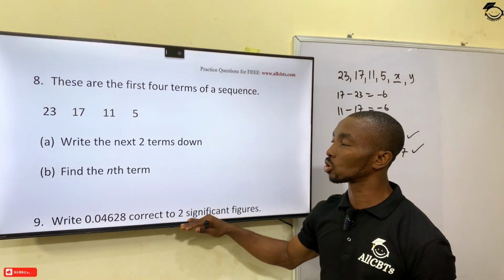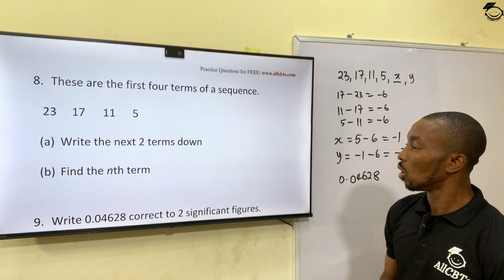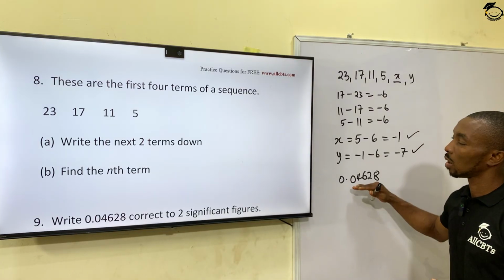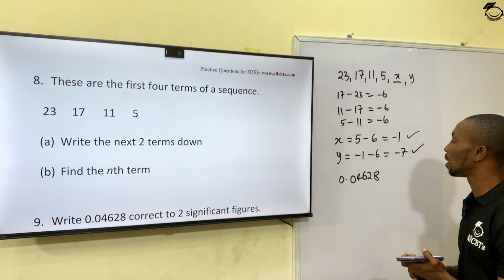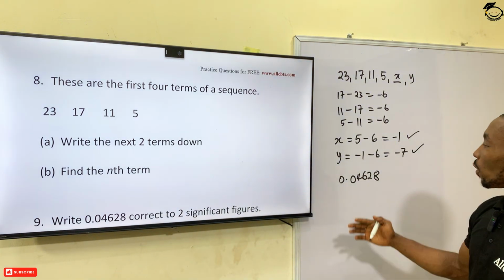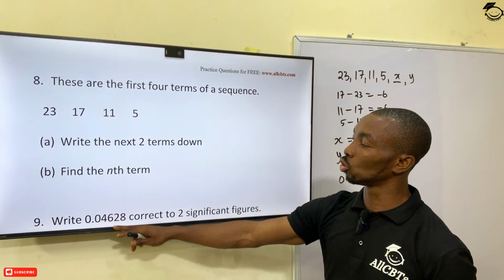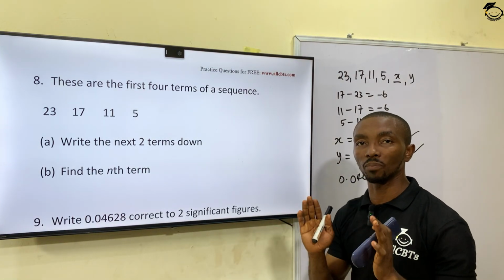Now, since we are asked to correct to two significant figures, we are looking at our entire number, 0.04628. For it to be in two significant figures, we only need to see two digits.